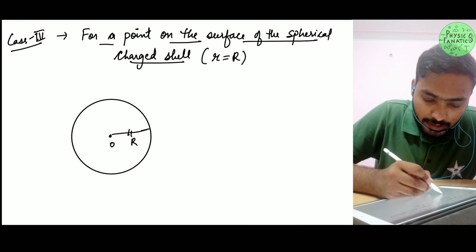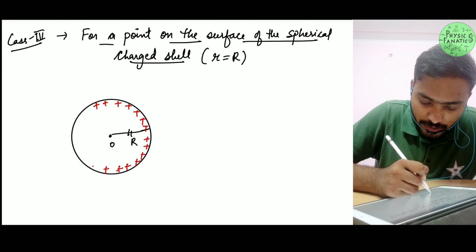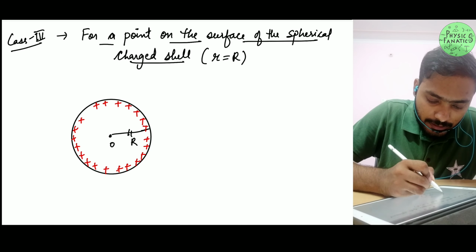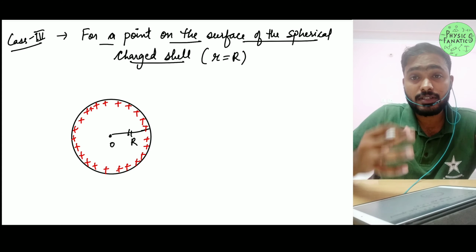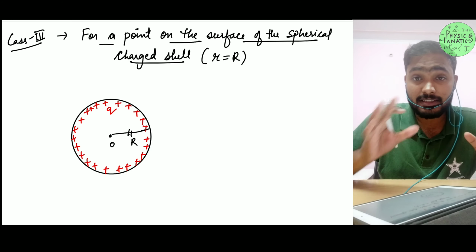Let me make it here so that you guys can understand. It does not mean that it is inside, it means that it is at the surface. We have to assume that it is at the surface, it's not inside. So all the positive charge is actually at the surface, so I can say Q charge is there at the surface.